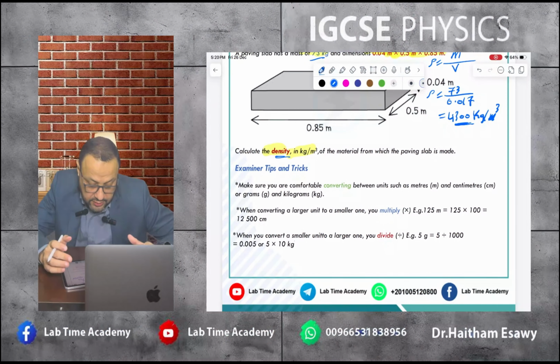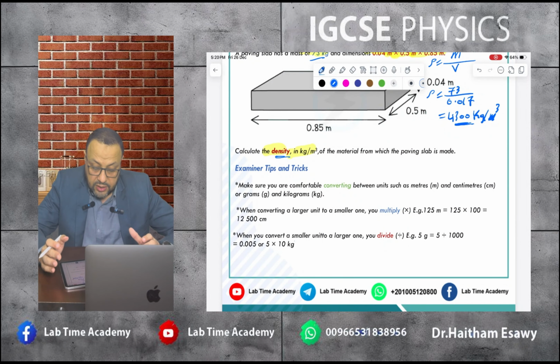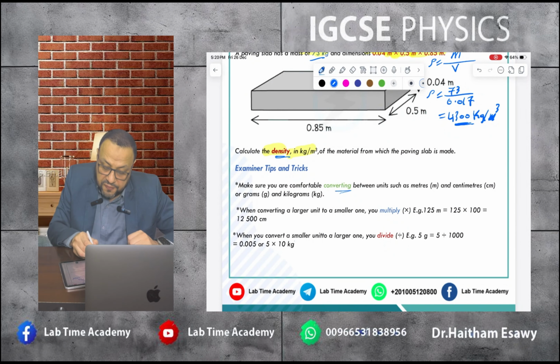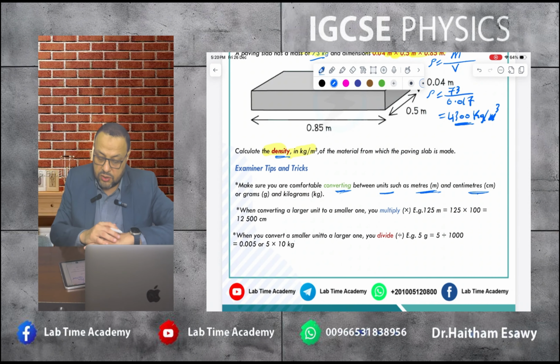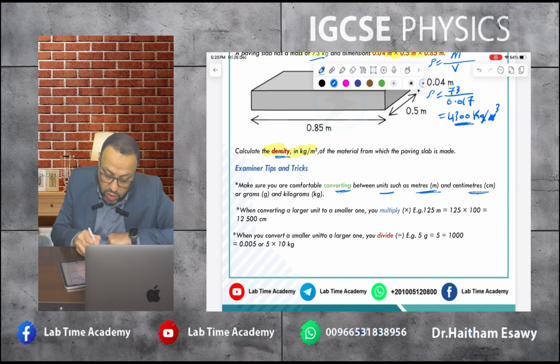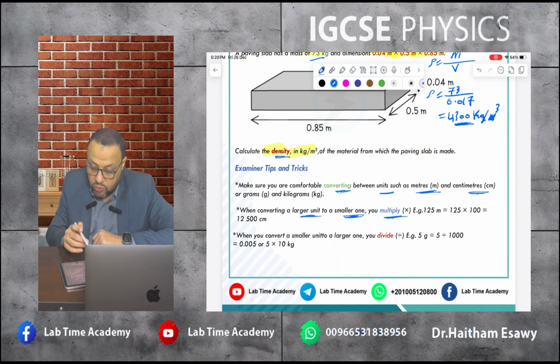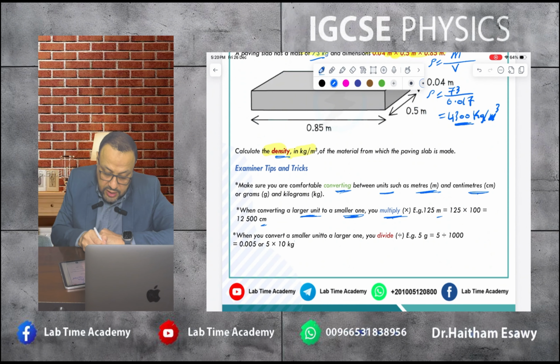Examiner tips and tricks: you have to take care of converting between units like meters and centimeters. For example, if you want to convert from a larger unit into a smaller unit, you multiply, like from meter to centimeter, multiply by 100 or 10 to the power of 2.